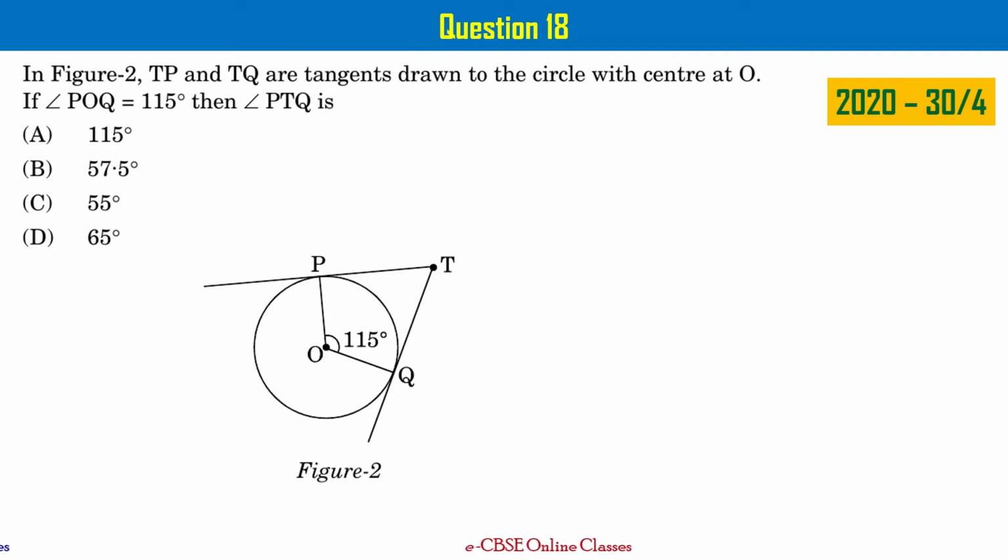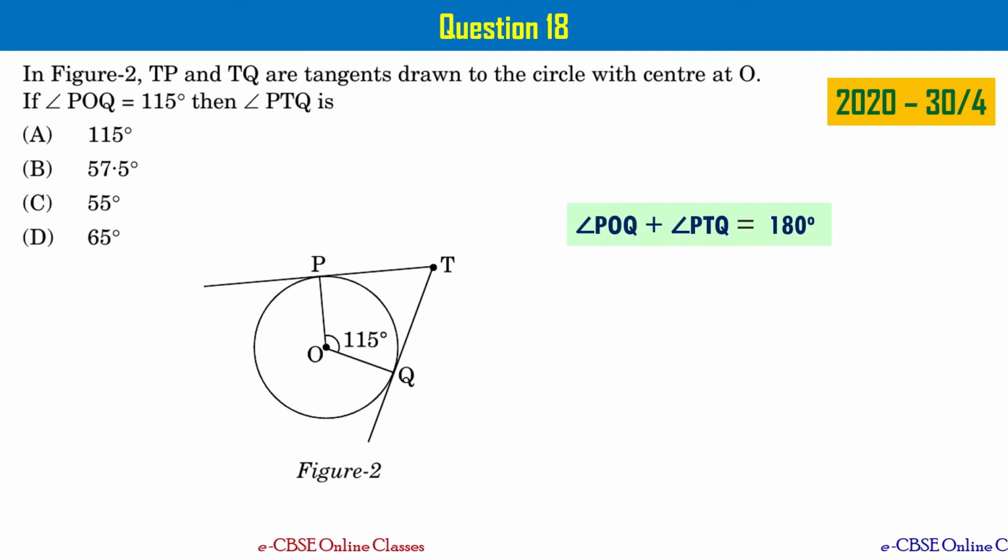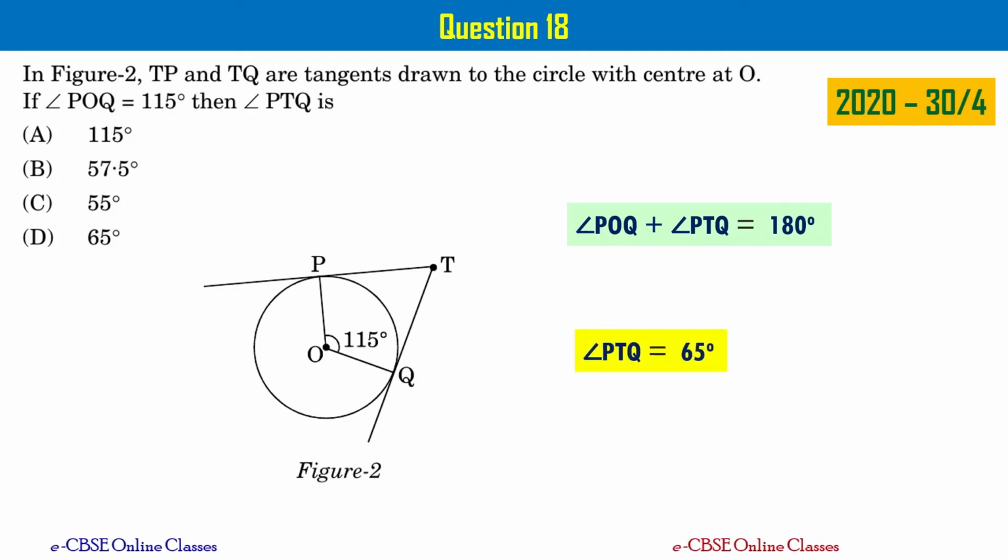You can make use of the concept we have just learnt, that is angle POQ plus angle PTQ equals 180 degrees. You substitute the value of angle POQ such that you will get angle PTQ equal to 65 degrees.